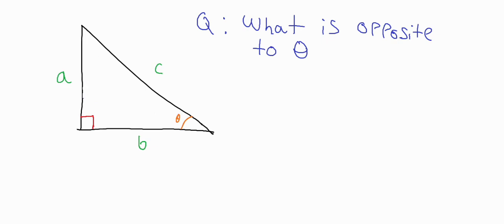Okay, so let me rewrite our answer here. We answered A. What is opposite to theta? A is opposite to theta. How did we do that? We drew an arrow, and A is literally opposite to theta.